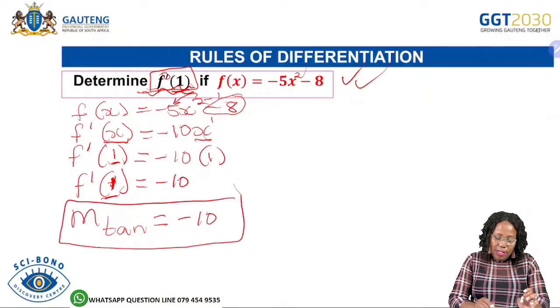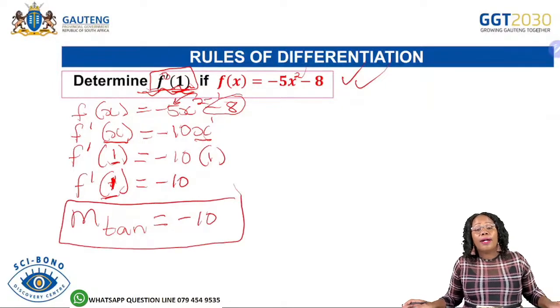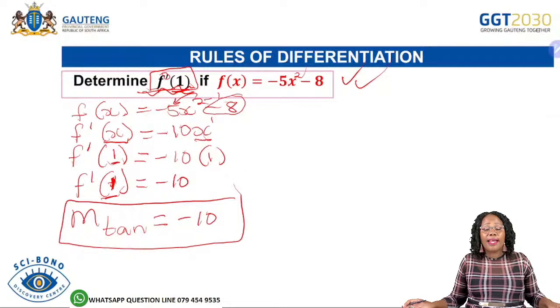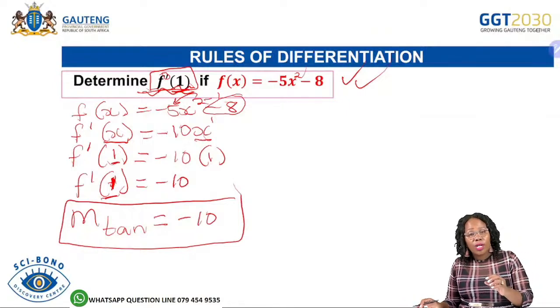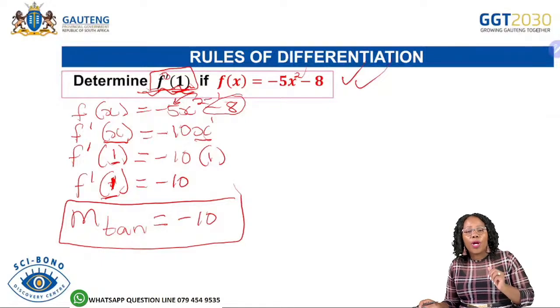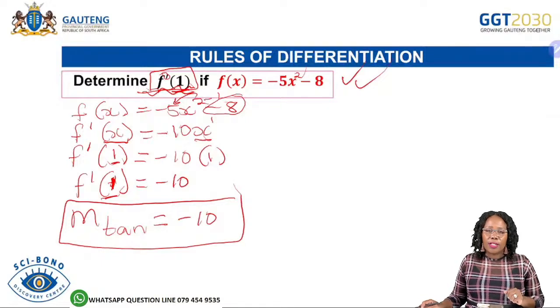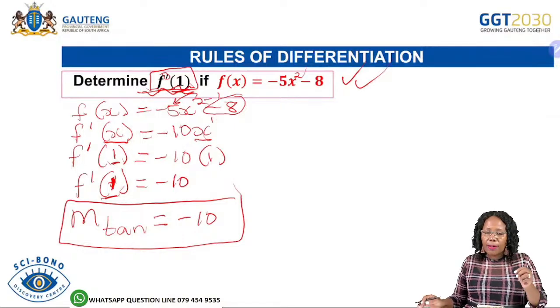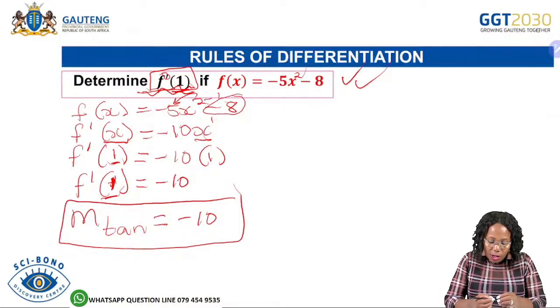We will look at this later on when we are determining the equation of a tangent, because a tangent is a straight line, it needs a gradient of a straight line. This method we also use when we are looking at the gradient of a tangent to a function at a particular point. Later on, we will be talking about this one.